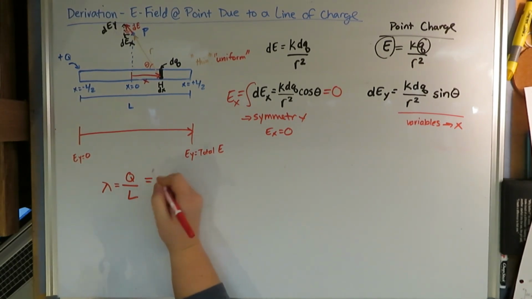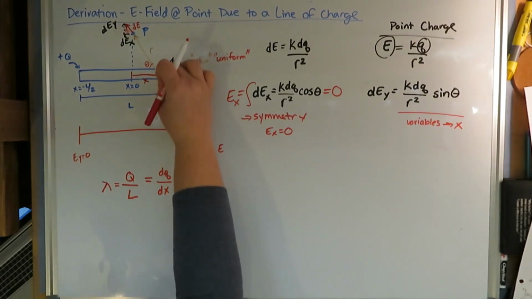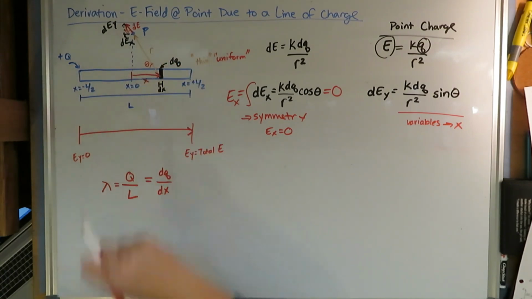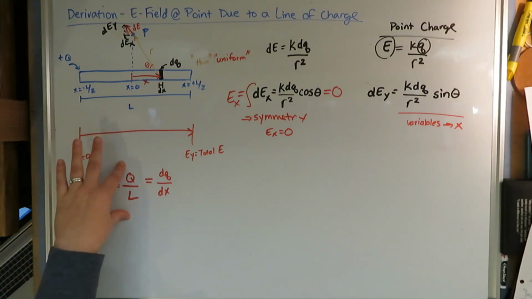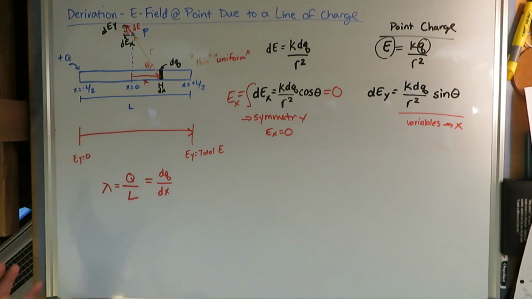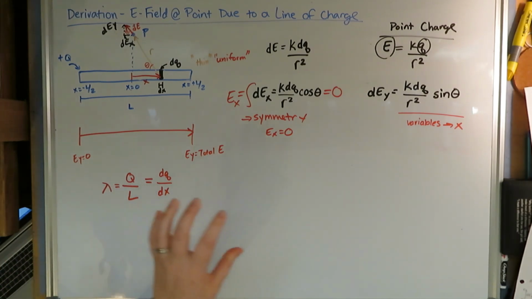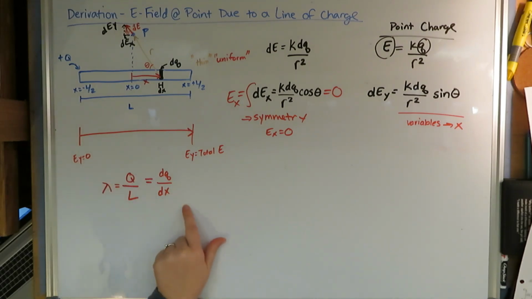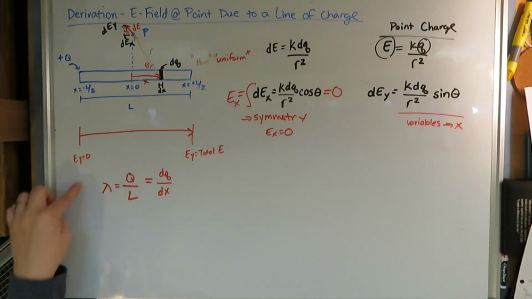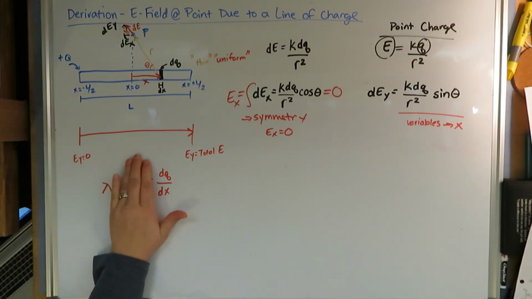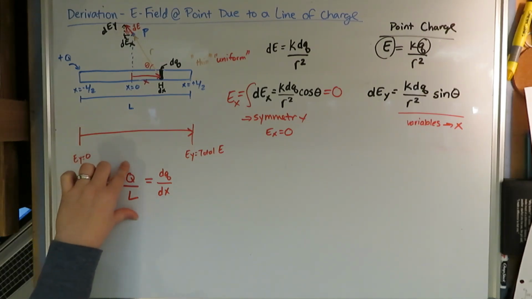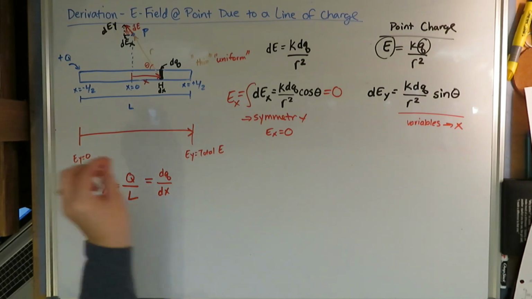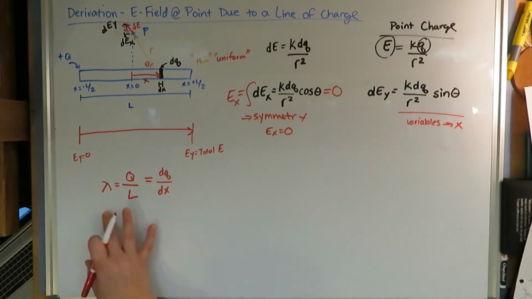But I'm also going to know that for dq and dx, because this is uniform, no matter which tiny infinitesimally small slice I pick, dq over dx is always going to equal the same thing as Q over L. If it's not uniform, then dq over dx will still equal lambda, and they can give me a function for lambda in terms of x, but the Q over L won't be true. So if it's not uniform, you cannot use the Q over L, because every little section might have a different value. But in this case, this is true.